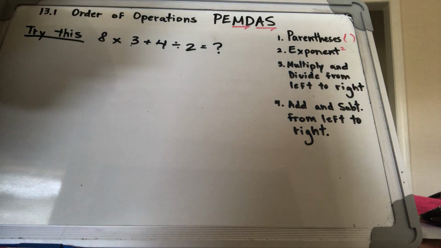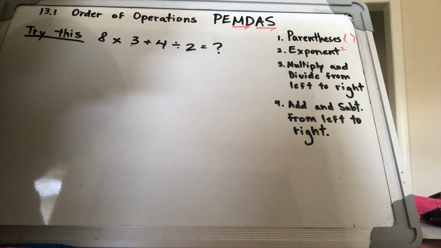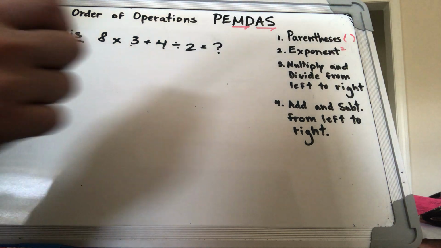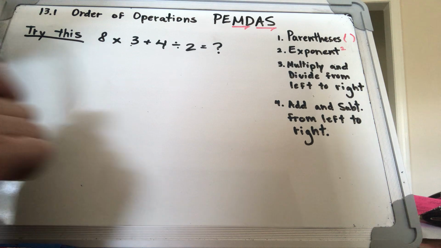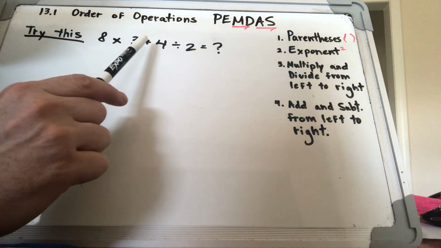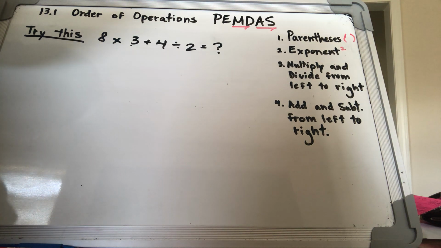PEMDAS. What does that stand for? Well, each letter tells you what you need to do next. So whenever you have problems with a series of operations, this has multiplication, addition, and division. We have to follow the order of operations.